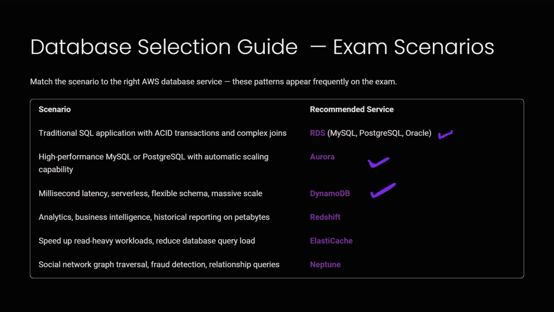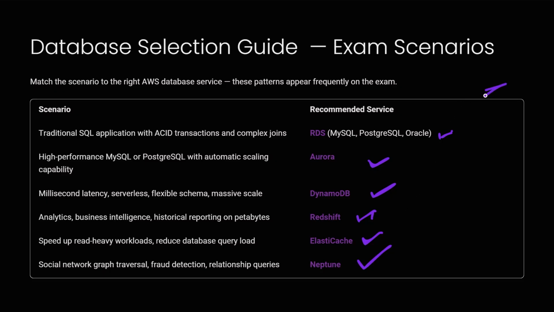DynamoDB. Analytics and petabytes of history. We use Redshift. Speed up read-heavy workloads, reduce database query load. Redis or Memcached caching. ElastiCache. Graphing a social network, that is social network graph traversal, fraud detection, relationship queries, that is Neptune.